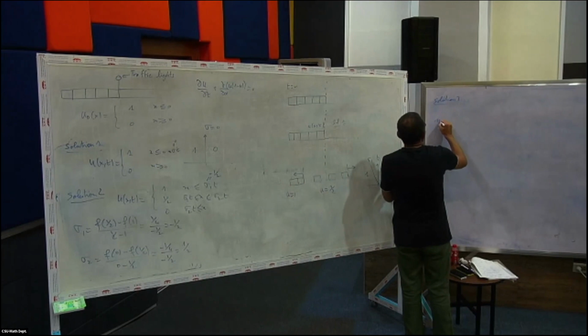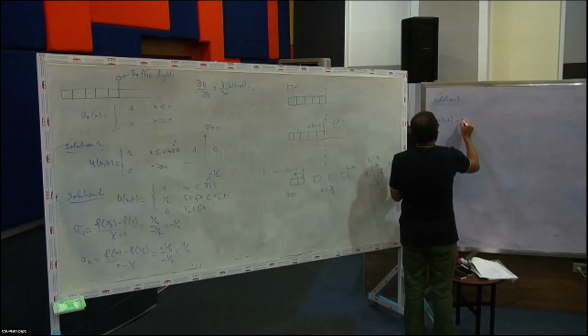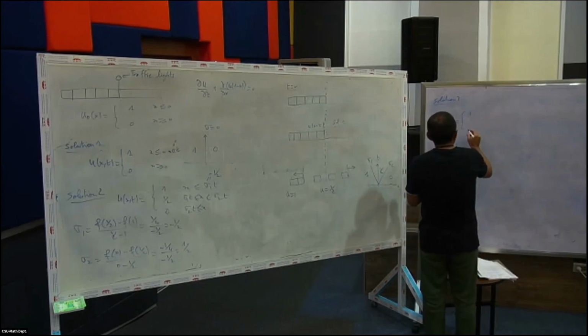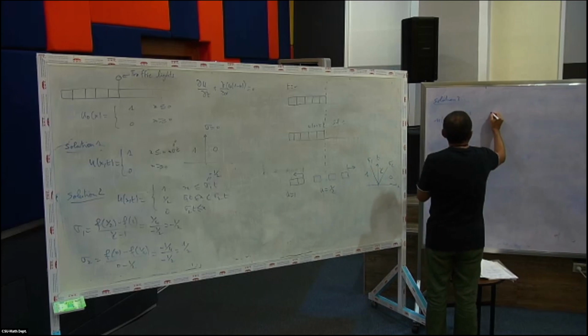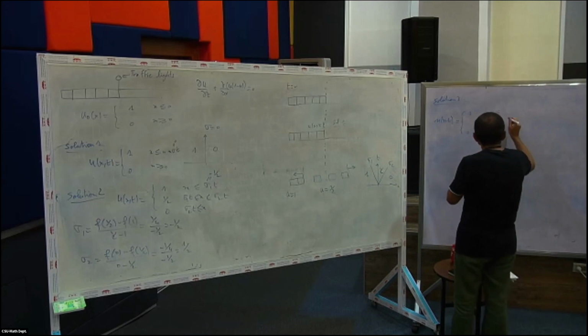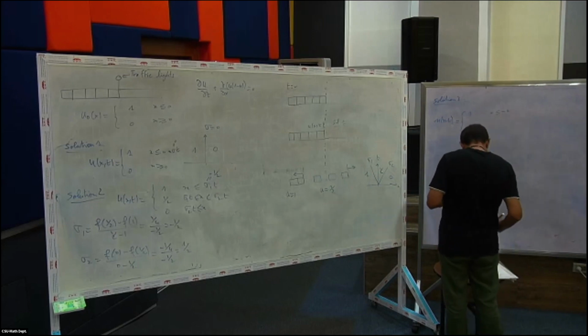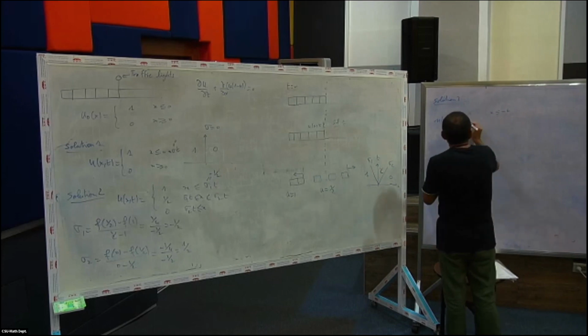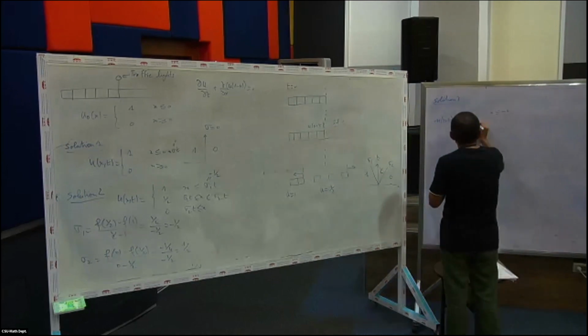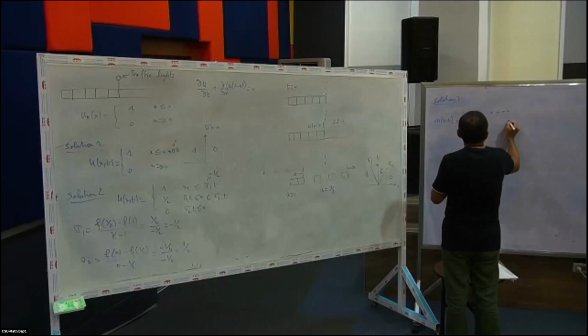u of x, t is equal to 1 here, 0 if x is less than minus t, and 1/2 by 1, and 0.